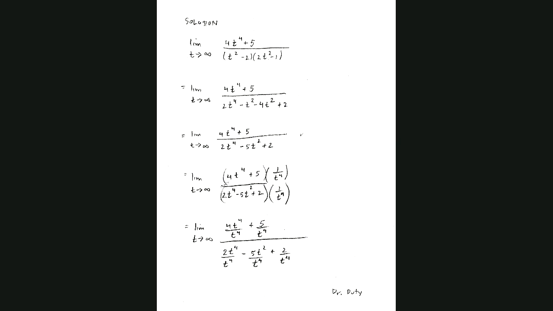Okay, we're going to multiply these two binomials in the denominator using the FOIL process. So is everybody good up to this stage here?